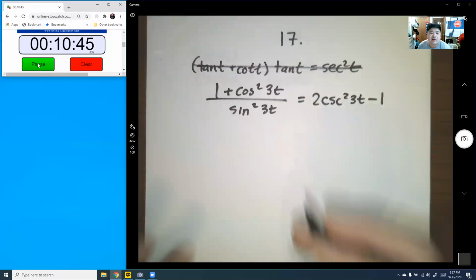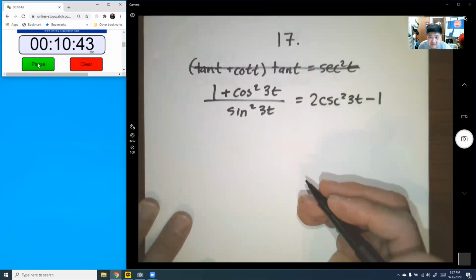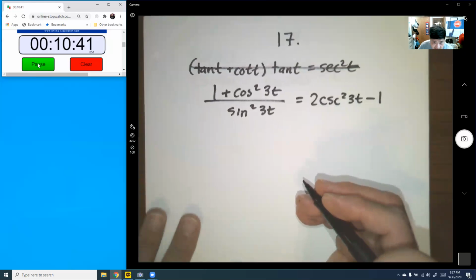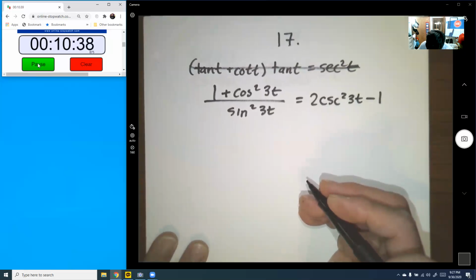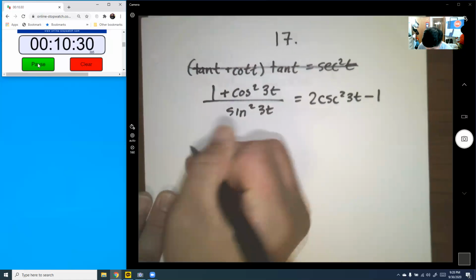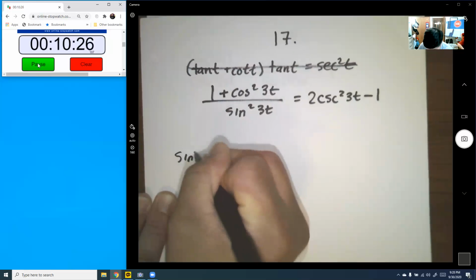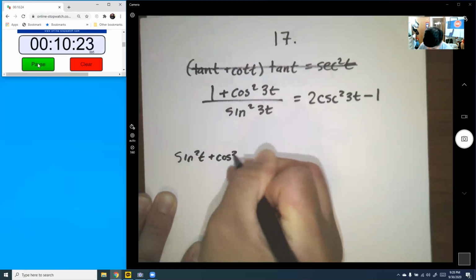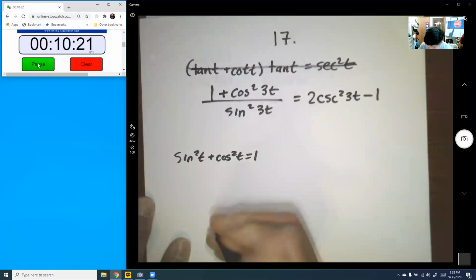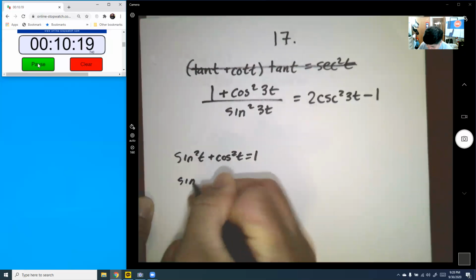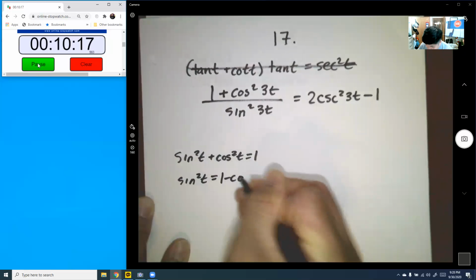So here we go. It doesn't really matter which side you look at first. We know that sine squared t plus cosine squared t is equal to 1, so sine squared t is 1 minus cosine squared t.